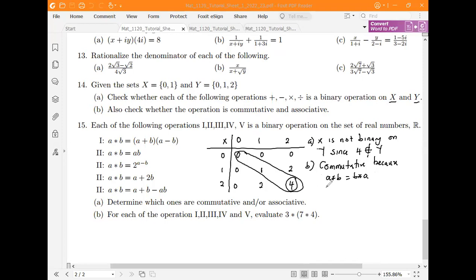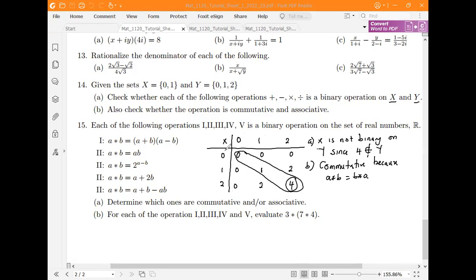Sir, why are you saying it's commutative after drawing this diagonal thing? Because the diagonal is coming from multiplication of same number, isn't it? 2 times 2, 1 times 1, 0 times 0. So there's no switching.